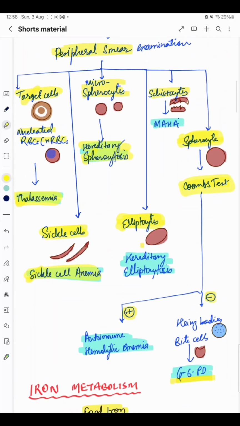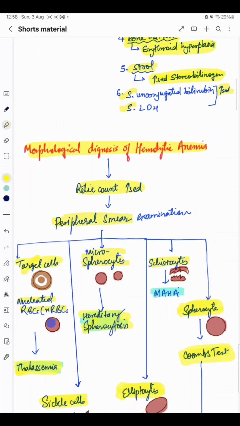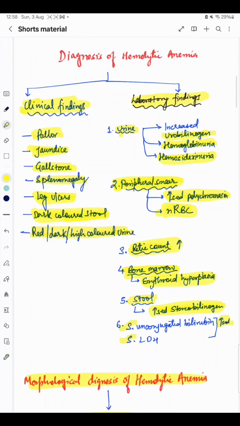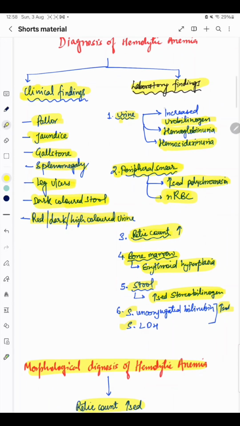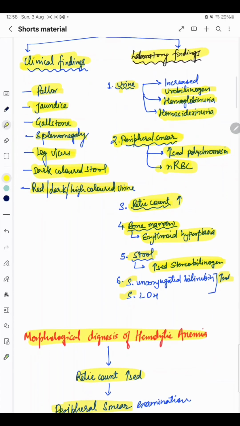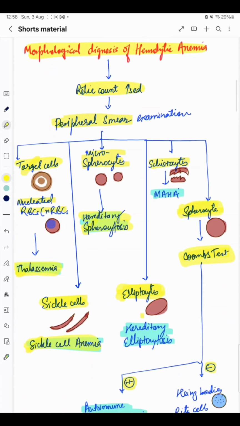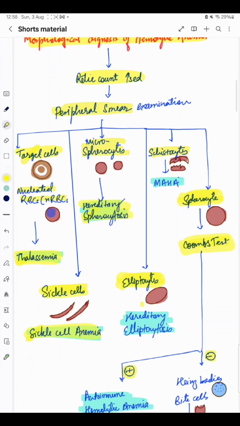So this is a brief about the diagnostic approach of hemolytic anemia, in which we have discussed the various clinical findings, various laboratory findings, and the morphologic diagnosis of hemolytic anemia on the peripheral examination. Thank you.